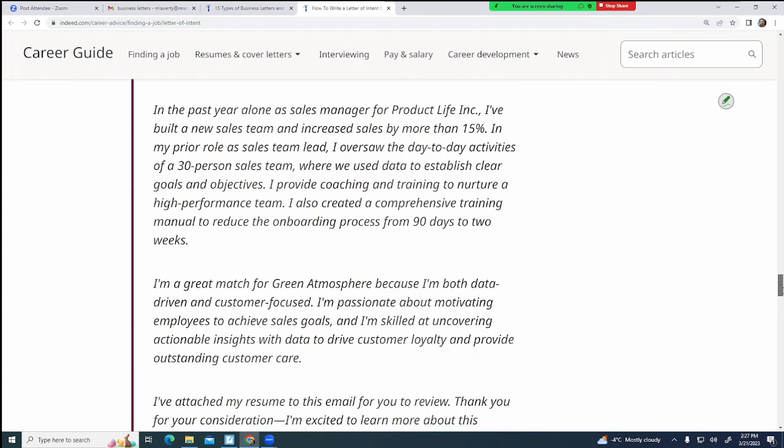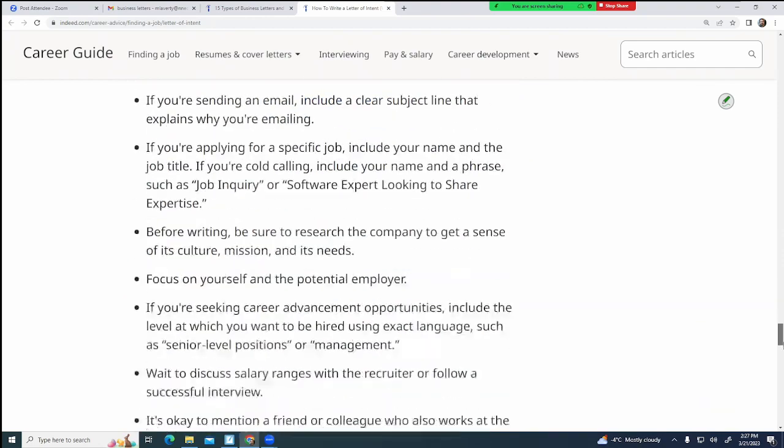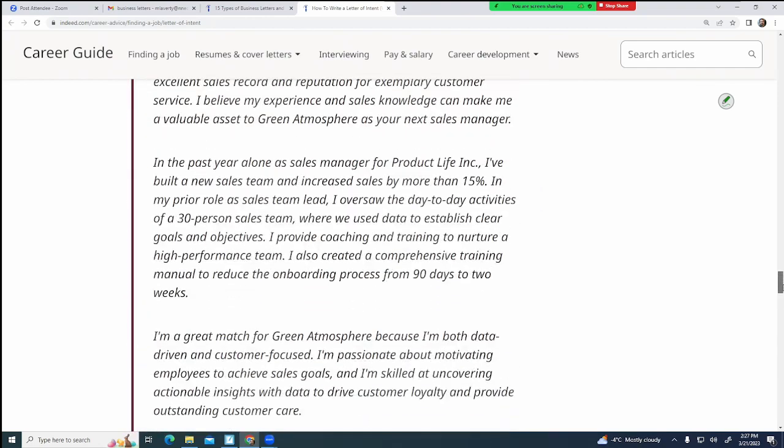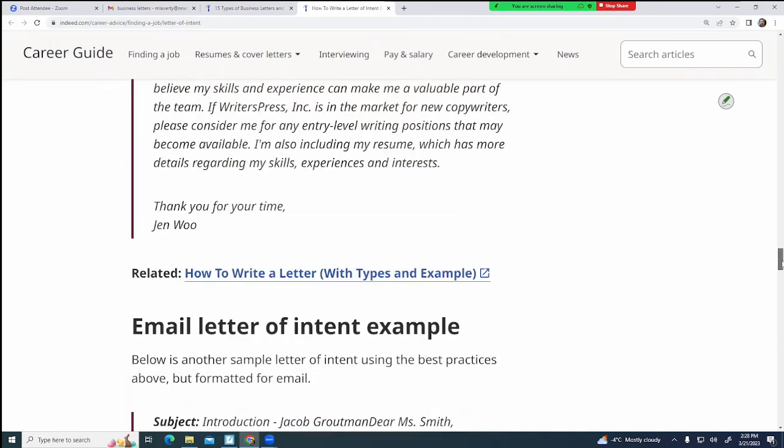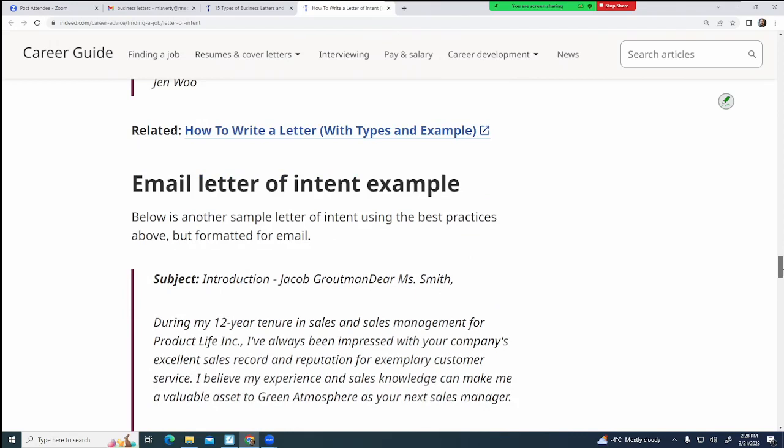and then they give you a generic one that's not a specific example.